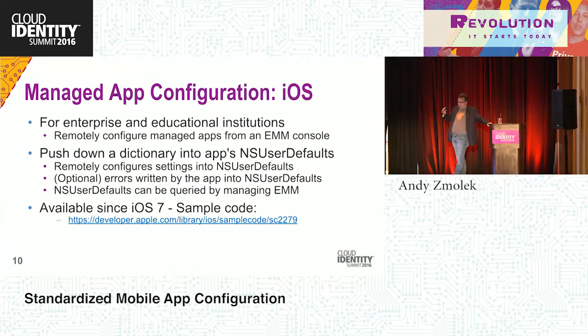There's a dictionary that gets pushed down with these key value pairs, and there's an ability of receiving information about success, failure, or even some ability to get error messages, very specific error messages from the app developer back. And so the EMM can then query that. This is something that's been available since iOS 7, and there's some sample code published here. Feel free to take a look at it. It's very easy to implement.